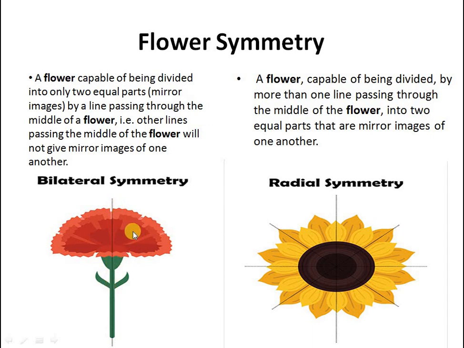If you pass any other line, it won't give you identical parts. On the other hand, in radially symmetrical flowers, you can make many lines which will divide the flower into parts that are identical or mirror images of each other.